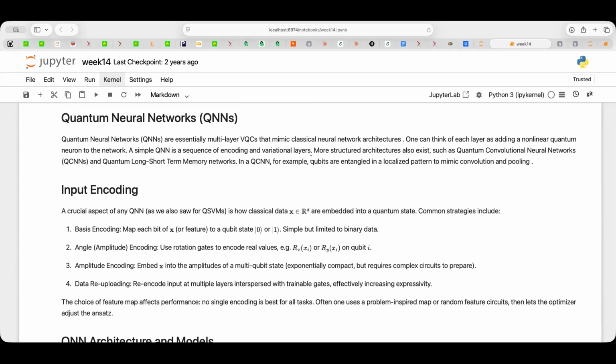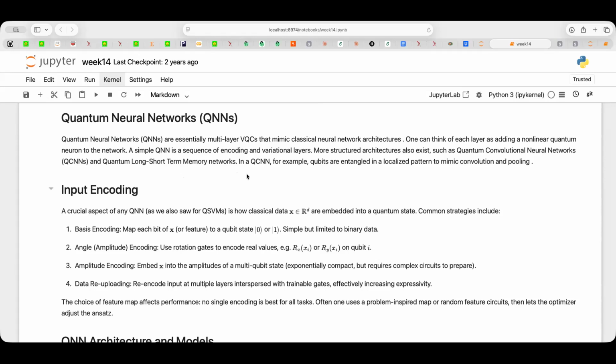If you think of the layers which you have classically, you can think of each layer as adding a non-linear quantum neuron to the network. A simple QNN is a sequence of encoding and variational layers. You can also find more structured architectures, like quantum convolutional neural networks and quantum long short-term memory networks.